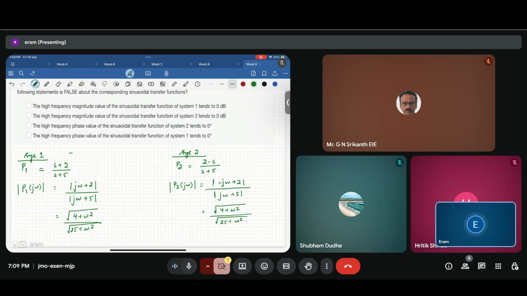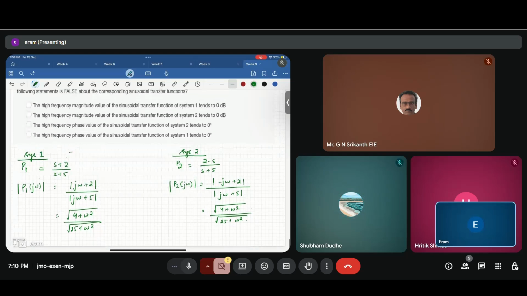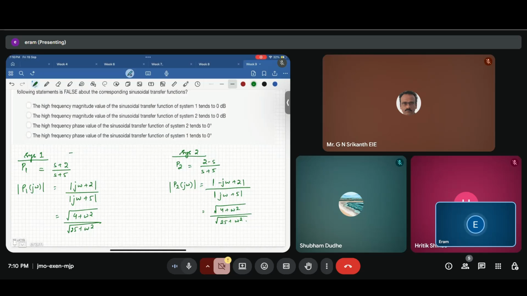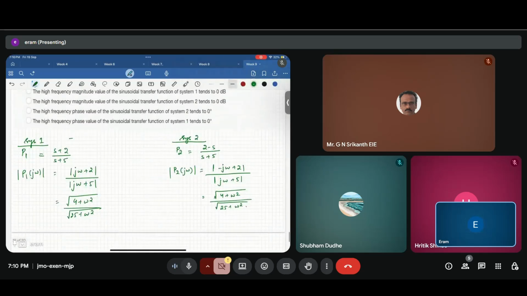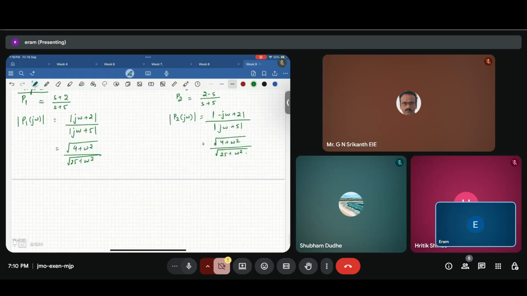Okay, so the magnitudes for both of them are same or different? They are same only. Okay, now let's see the magnitude in dB, and as frequency goes to infinity, how the magnitude will change.